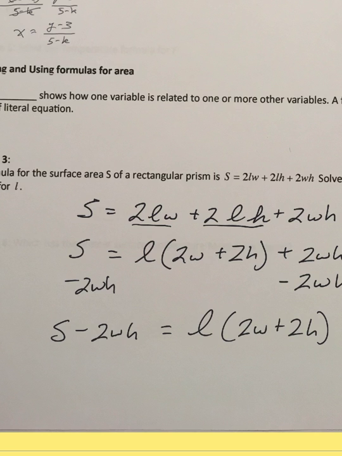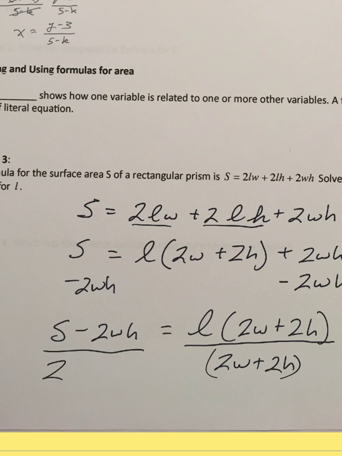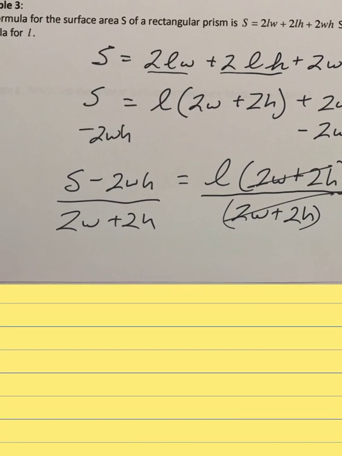Last step. Put the 2W plus 2H on the other side. On the bottom of the S minus 2WH. In other words, you divide it, right? Yeah. So 2W plus 2H on the bottom here, over 2W plus 2H over here. That cancels, and I'm down to my answer here, right?